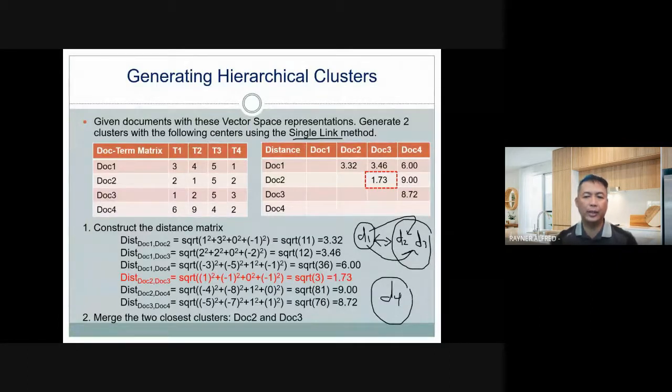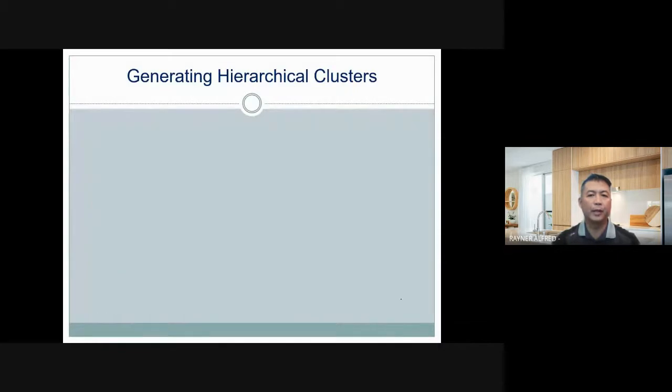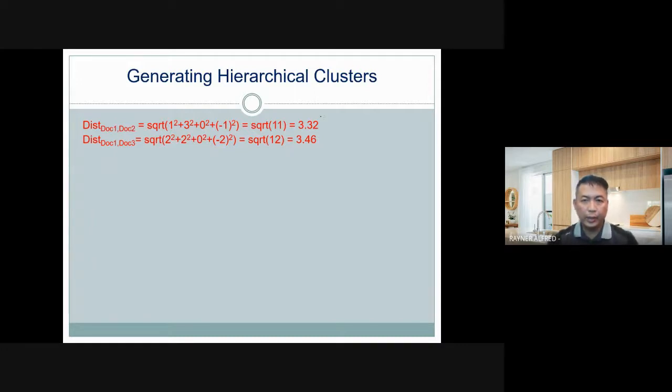Okay, so similar to this, if you want to find the distance between these two clusters, we have to compare which distance we take, distance between D2, D4 or D3, D4, because we have two measurements already. Okay, so that's why in here we are comparing the distance between this document 1. This is 2, this is 3. So this is in one cluster.